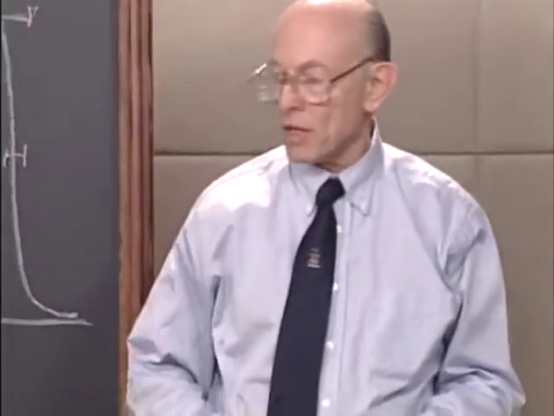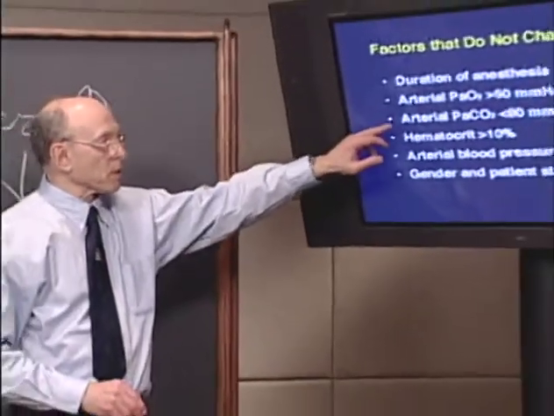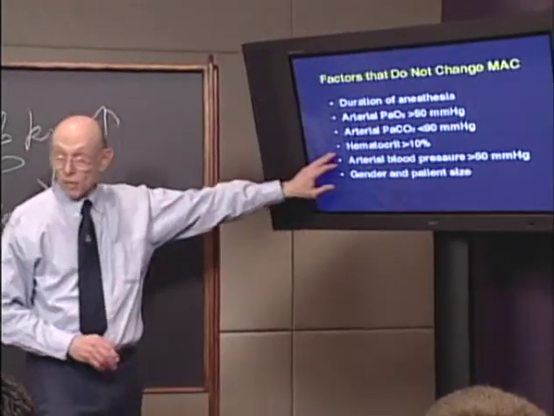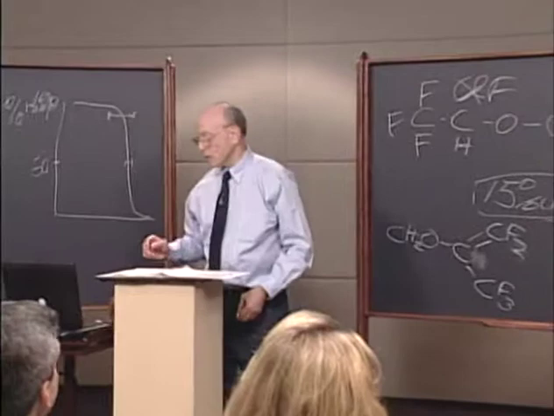So here's an extension of that list. As long as you keep physiological factors reasonably normal, there's no change in MAC. Arterial PaCO2 above 50 millimeters of mercury, or PaCO2 less than 80 millimeters of mercury, or hematocrit that's greater than 10%, allows you to get down pretty low without changing MAC. Blood pressure above 50 millimeters of mercury doesn't change MAC.